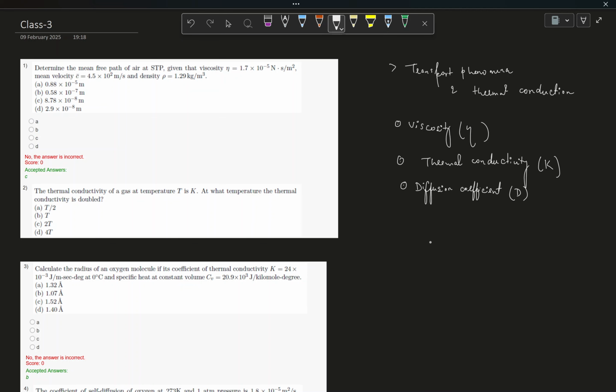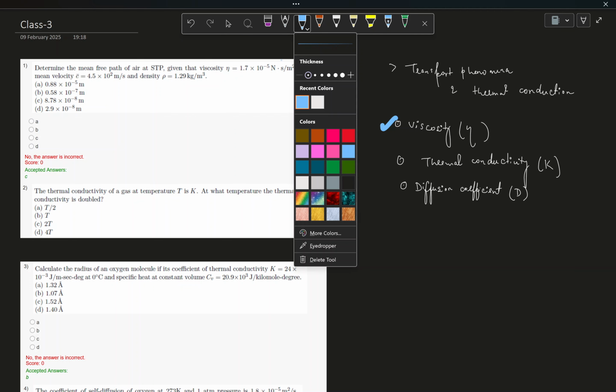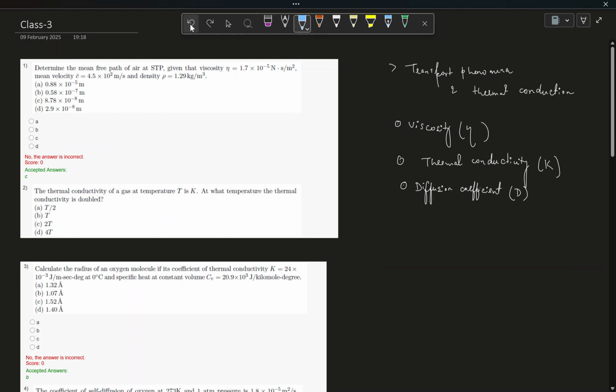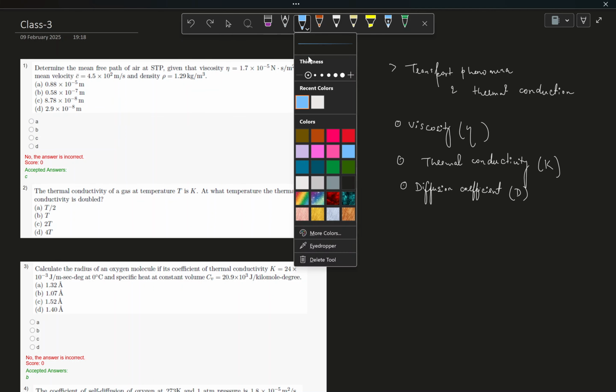Also, to state these things properly in a sentence, we can say that the main concepts are that viscosity happens because of the velocity gradient among the molecules in a gas.